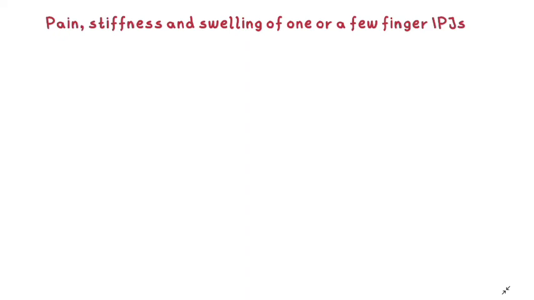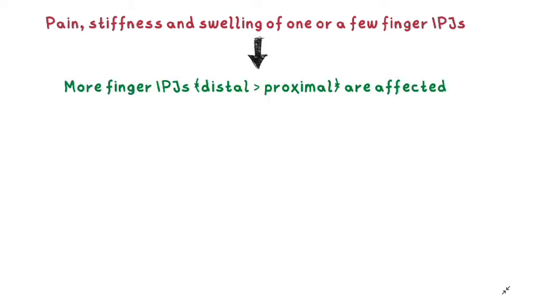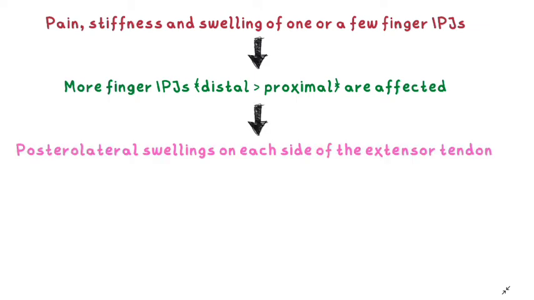Formation of nodes. Pain, stiffness, and swelling of one or a few finger interphalangeal joints. Gradually over many months, more finger interphalangeal joints, more common in distal than proximal, are affected. These joints develop posterolateral swellings on each side of the extensor tendon.